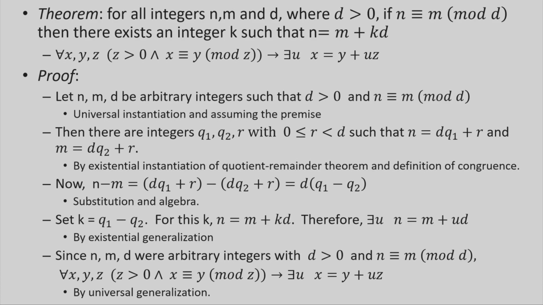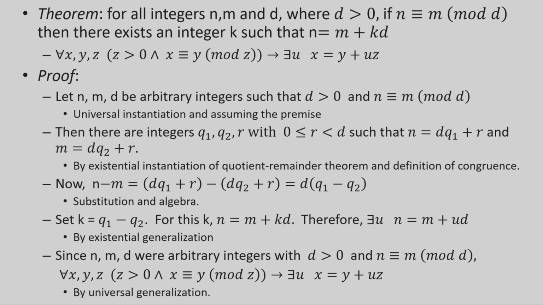So let's do the proof. What's our first step? It's a universal statement, so it's universal instantiation, and as before, assuming the premise means that we don't need to bother with talking about what happens when the part on the left side of the implication, z greater than 0 and x congruent to y mod z, is false.